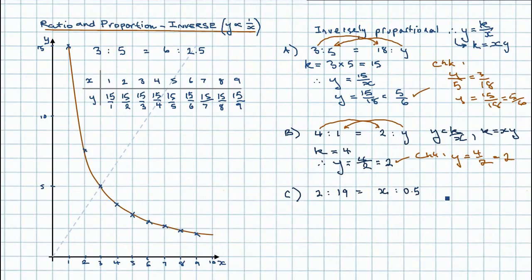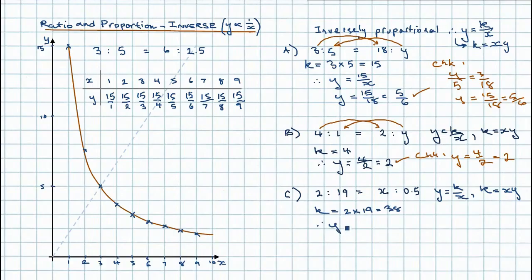So y equals k over x, and rearranged we get k equals xy. So k equals 2 times 19, which is 38.